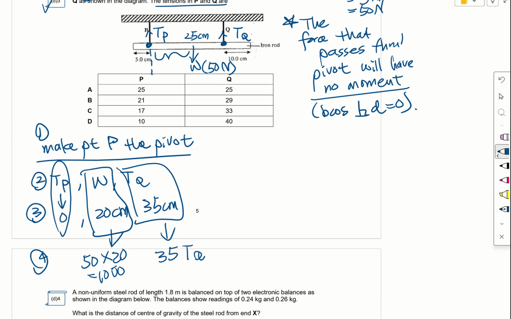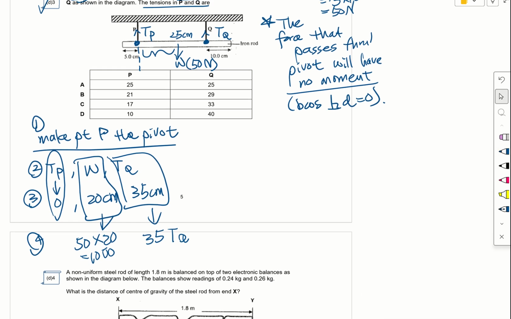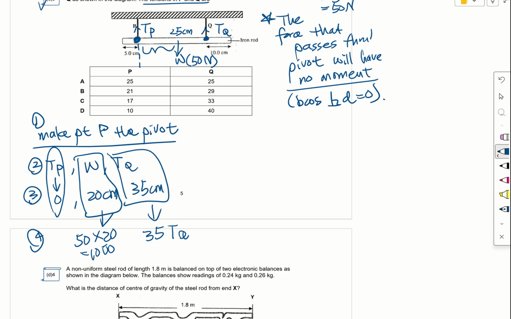Now step 5 is to assign direction. So if the pivot is over here at P and W is acting on the right hand side and is going downwards, it will be clockwise. So this is step 5. For TQ, the moment due to TQ will be anti-clockwise. And since this thing is in equilibrium, I can apply the principle of moments, whereby clockwise equals anti-clockwise.